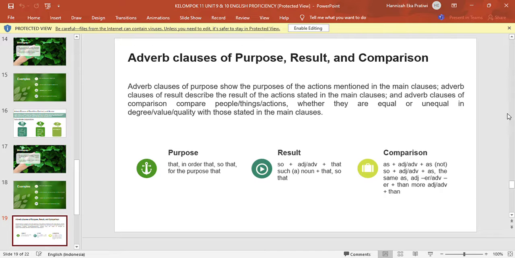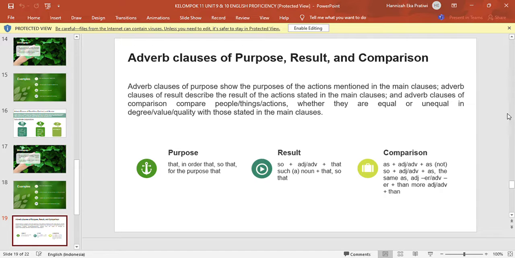Adverb clauses of result describe the result of the actions stated in the main clause. And adverb clauses of comparison compare people, things, or actions, whether they are equal or unequal in degree, value, or quality, with those stated in the main clause.